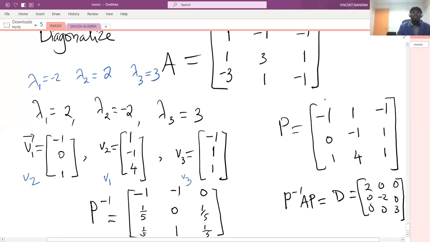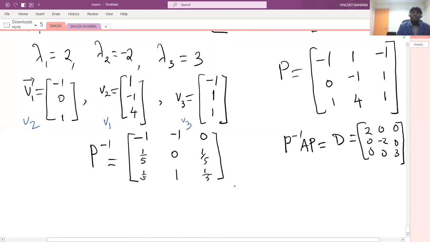So the structure of your P will change, because the first column will be formed by 1, minus 1, 4. The second column will be formed by minus 1, 0, 1. The third column will be formed by minus 1, 1, 1. So the inverse will be different from what we have here.